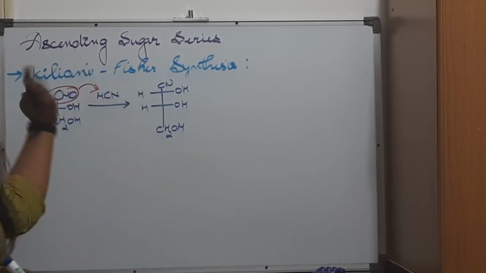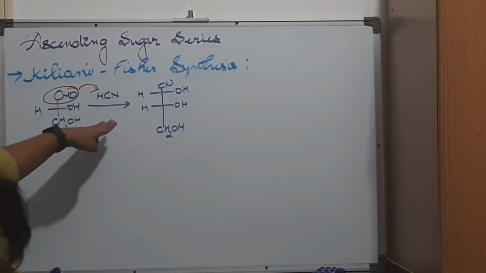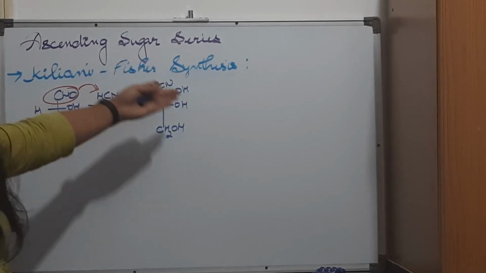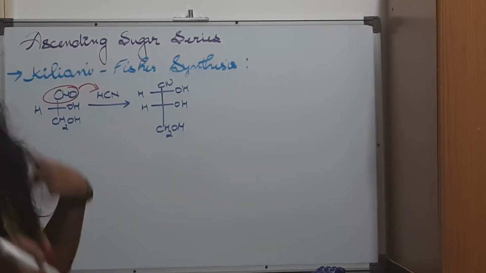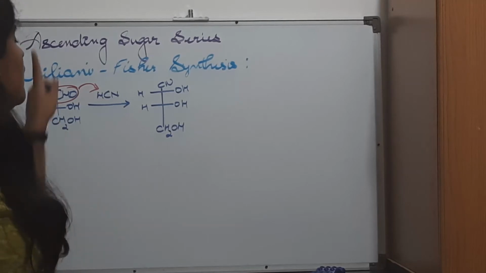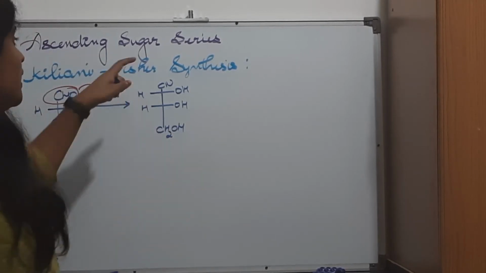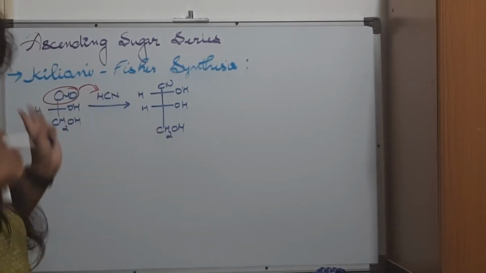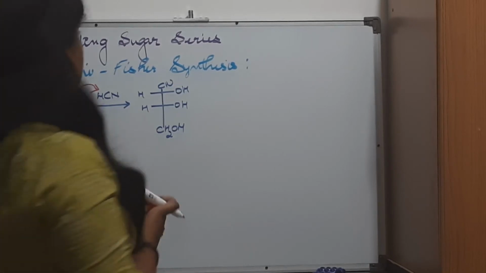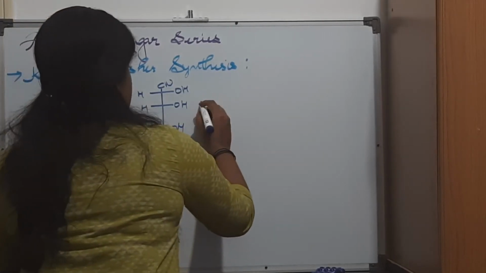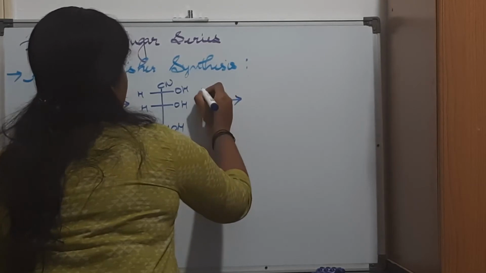An extra carbon, CN, has been introduced, which means that to the 3 carbon atoms, a 4th carbon of CN has been introduced. The chain has already lengthened. Now my aim is to convert this CN back to CHO. So for that, first I treat this with barium hydroxide and H2SO4.